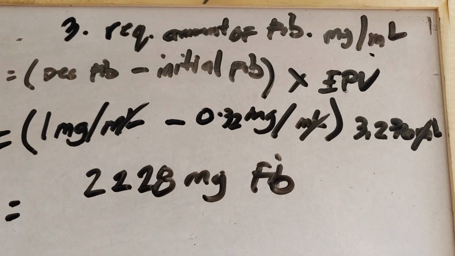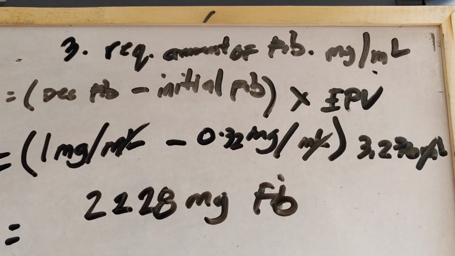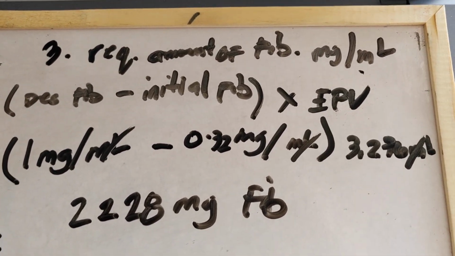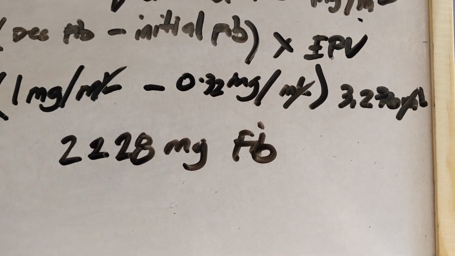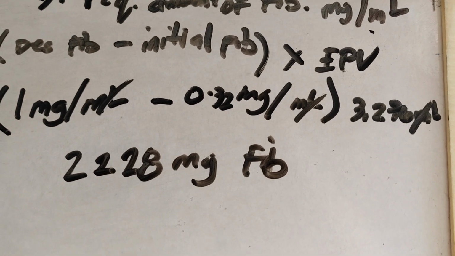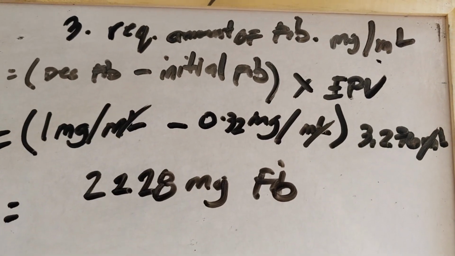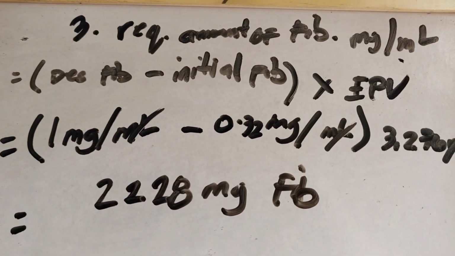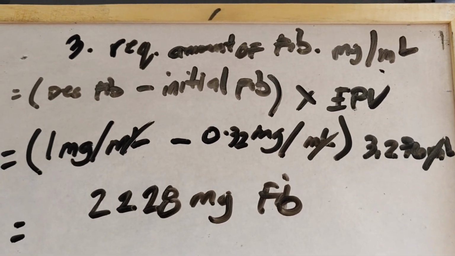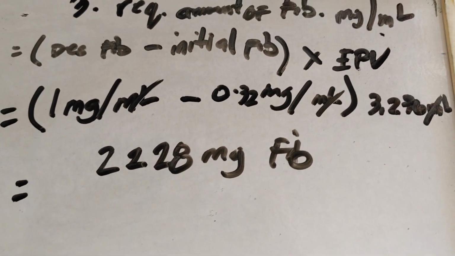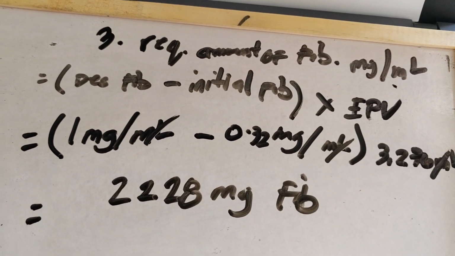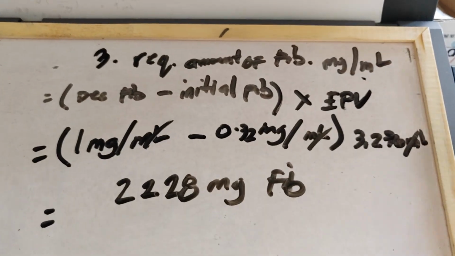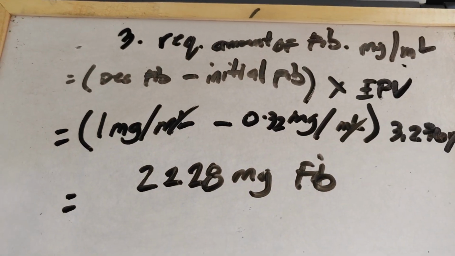So, 1 minus 0.32 times 3,276 will give you 2,228 milligrams of fibrinogen. So, this is the required amount of fibrinogen that we are going to need to transfuse para ma-obtain natin yung desired fibrinogen level.